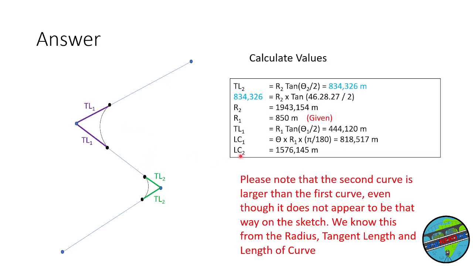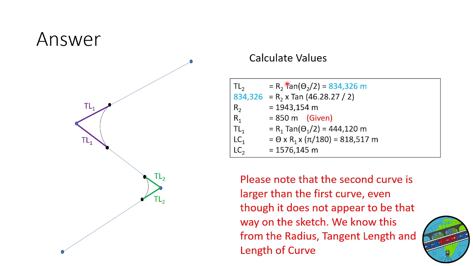Now the next set of calculations have strict formulas, so please stick to these formulas. The first thing we'll be able to do, which is very easy for us, is we calculate tangent length 2. Now this is an exception to me saying that we have strict rules, because if we go back we will see that we have E and we have B, so it's very easy to calculate this distance.